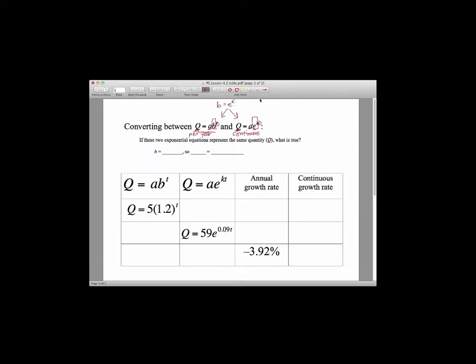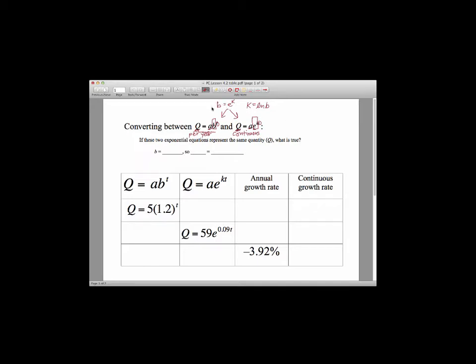Or going backwards, if you had to find out what k was, of course, using our knowledge of logarithms, since k is the exponent of e, k is the natural logarithm of b. Because we know any power of e is a natural logarithm. So k would be the natural logarithm of b.